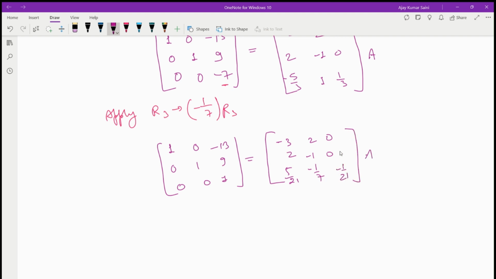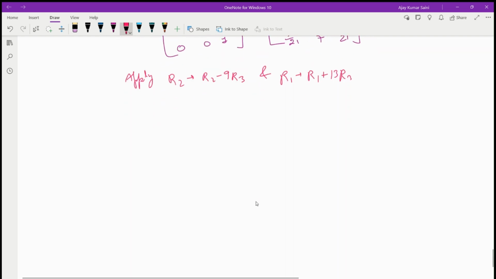It is A. Now I again apply R2 is R2 minus 9 R3, and R1 is R1 plus 13 R3. So after that I get 1 0 0, 0 1 0, 0 0 1.